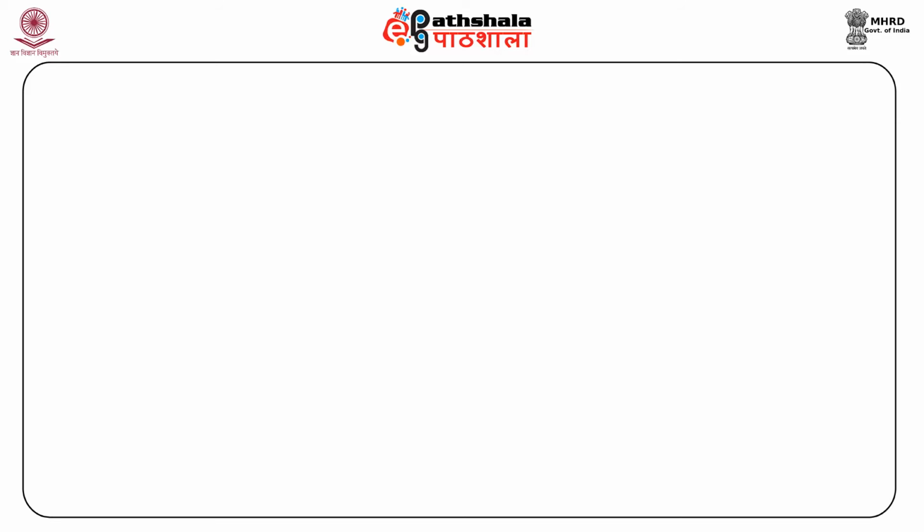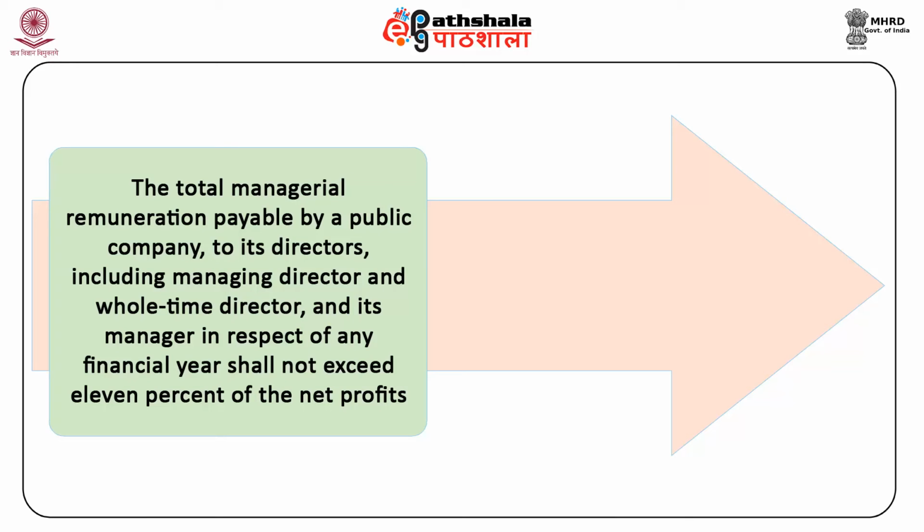Section 197 of the Act provides that the total managerial remuneration payable by a public company to its directors, including managing director and whole-time director, and its manager, in respect of any financial year, shall not exceed 11% of the net profits of that company for that financial year, computed in the manner laid down in Section 198, except that the remuneration of the directors shall not be deducted from the gross profits.